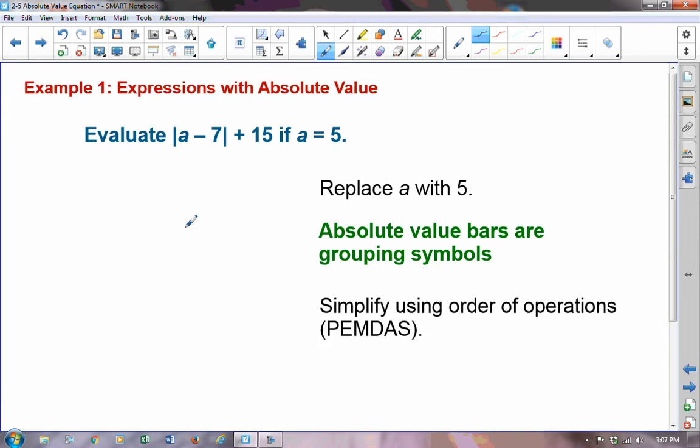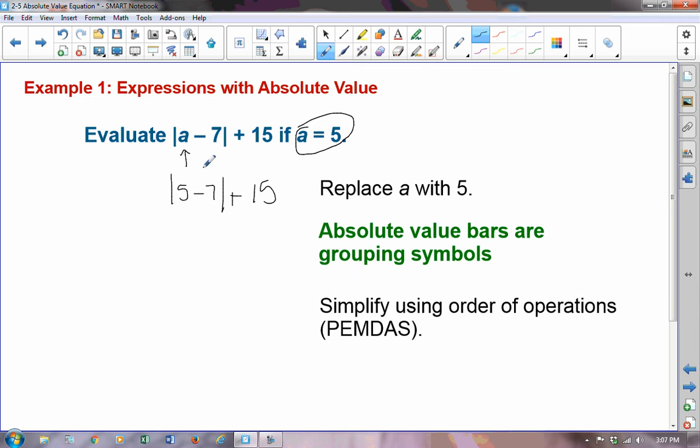Solving absolute value, evaluating absolute value expressions. Here we're given a variable. A is equal to 5, so it says replace A with 5. So we're going to put a 5 right there where the A is, keep everything else the same. And then you just follow all order of operations. Absolute value bars are the grouping symbols.